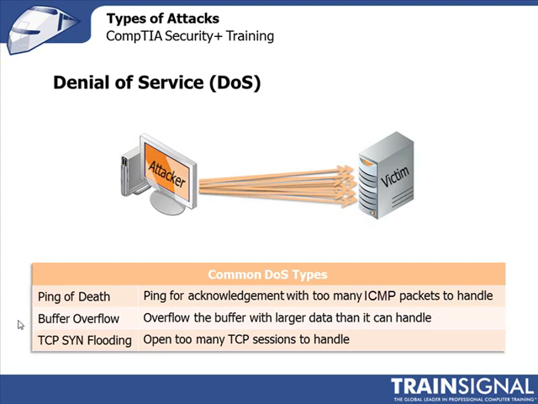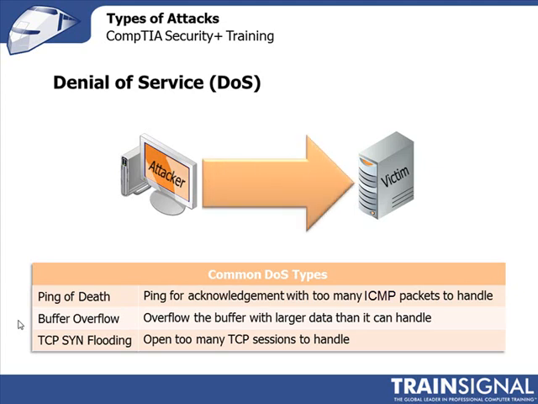Next, buffer overflow, and that's when the attacker actually sends too large of data, maybe a string that's too large, to the victim, overflowing the buffer, and again, the good traffic can't get through. And there's also something called a TCP SYN flooding attack, and that's when you start too many TCP sessions for the victim to handle.